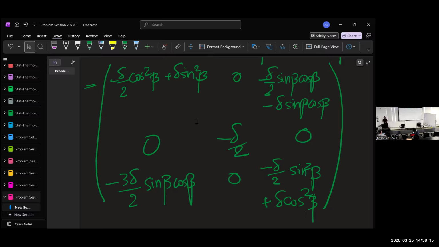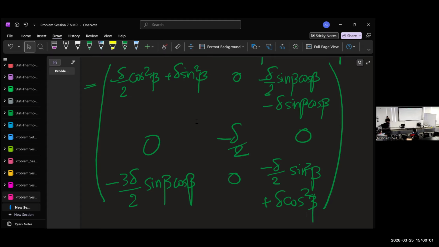You had a tensor in its principal axis system, a diagonal tensor in that principal axis system. Then you rotated it around the y-axis through an angle beta. Is this axis system still the principal axis system for the rotated tensor? Well, because it's off that. Yeah, there are no diagonal terms. So the axis system that was the principal axis system for the original tensor is not the PAS for this rotated tensor.